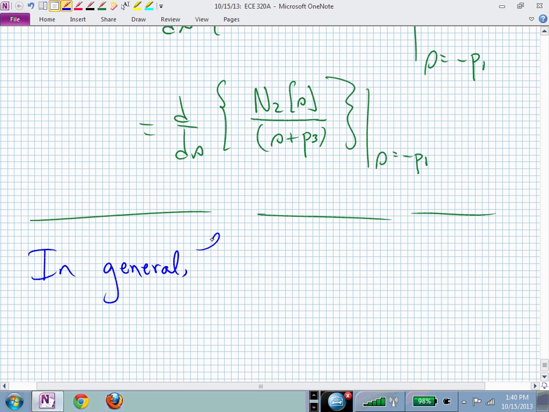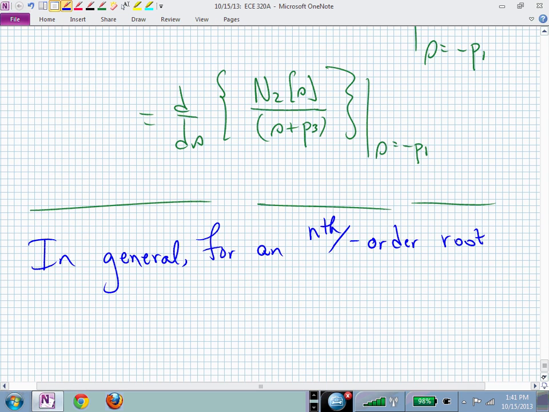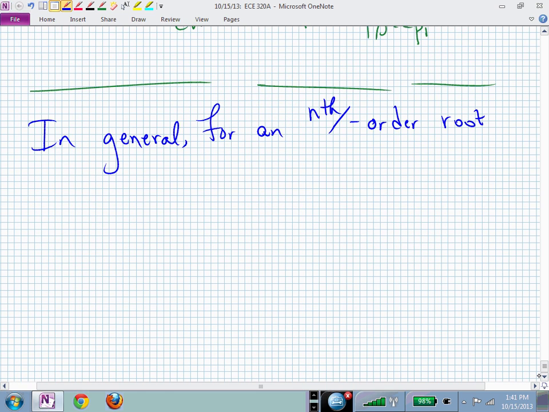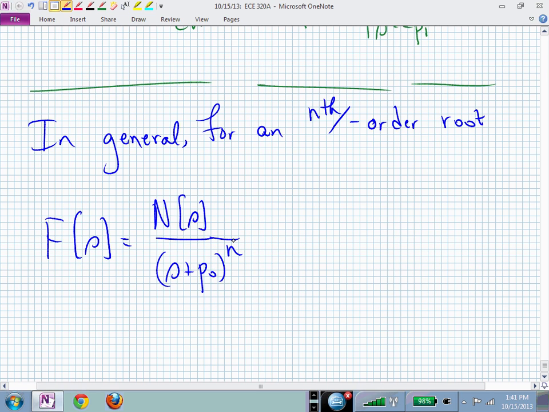In general, for an nth order root, what do we have? Now this capital F of s is equal to, let's say, N of s over s plus p sub 0 to the n.